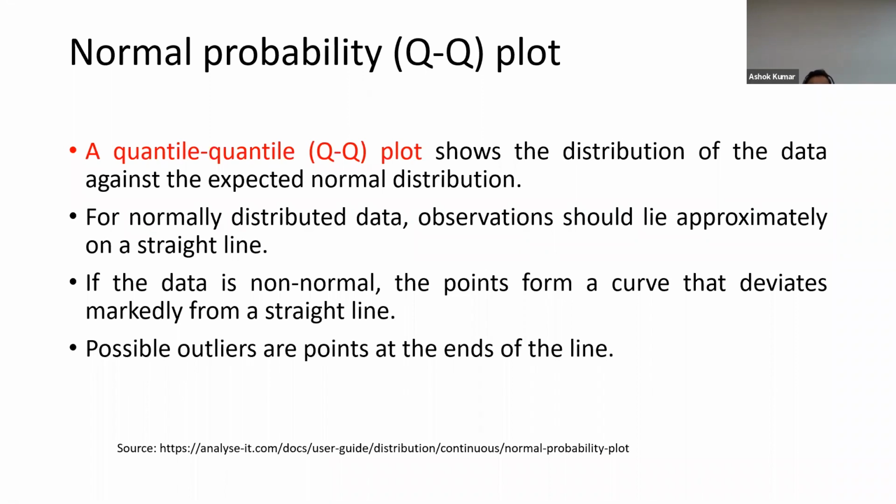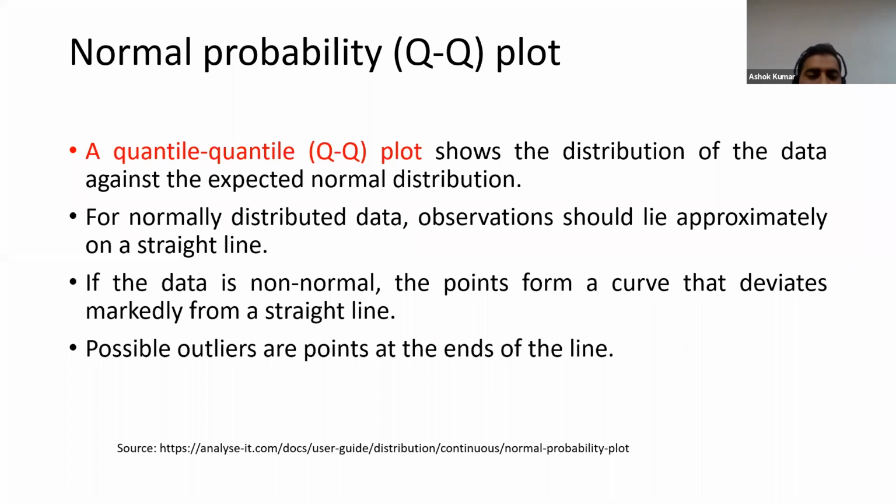Now, second, the normal probability or QQ plot. A QQ plot, also known as a quantile plot, shows the distribution of quantitative, continuous data, not categorical or qualitative data, against the expected normal distribution. For normally distributed data, observations should lie approximately on a straight line.